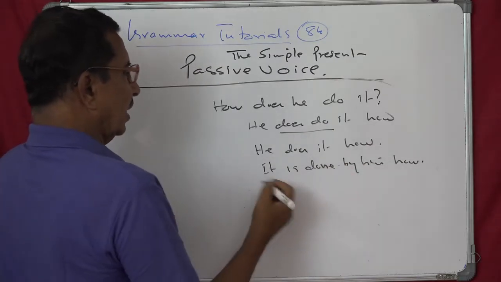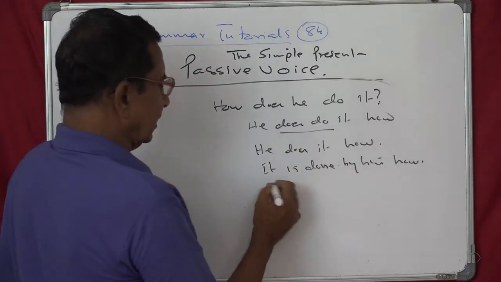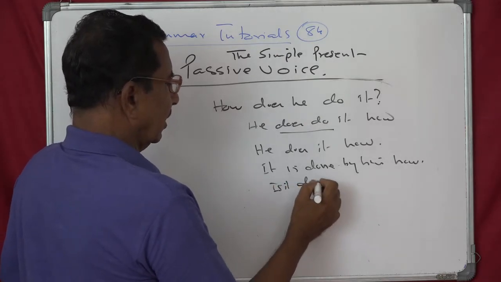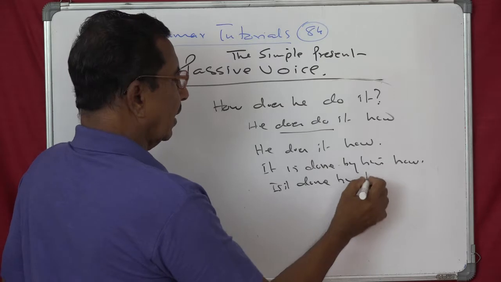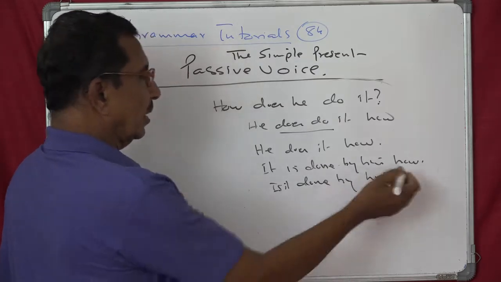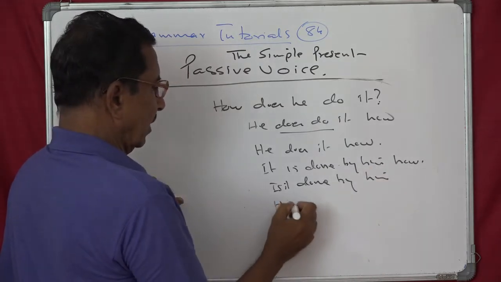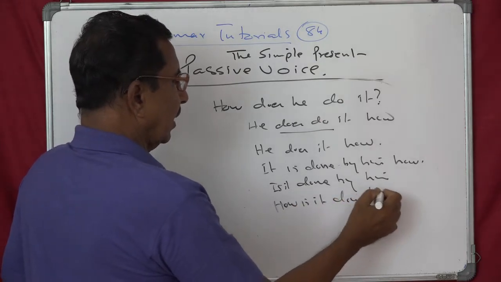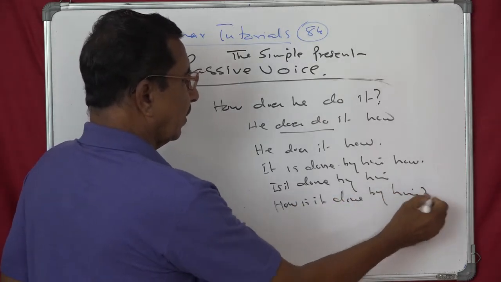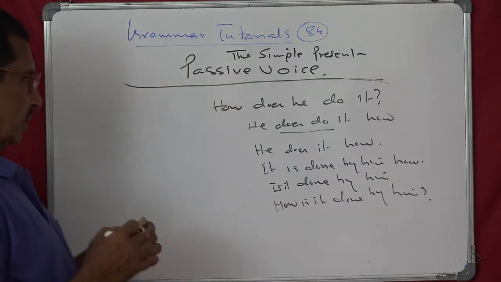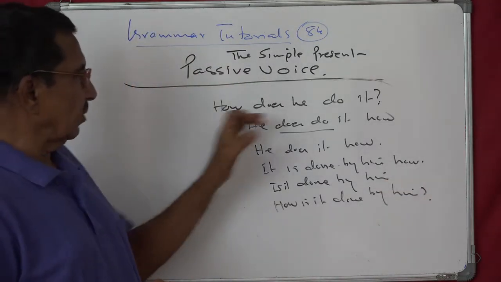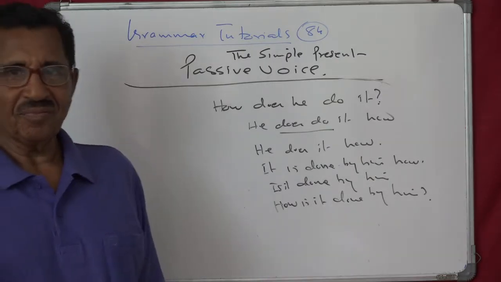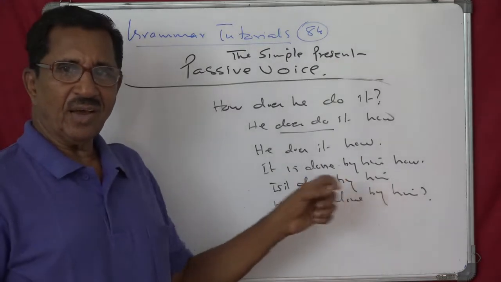First you should make the yes or no question. Is it done by him? Now the question word. How is it done by him? See that? So the answer of how does he do it? Answer is how is it done by him?